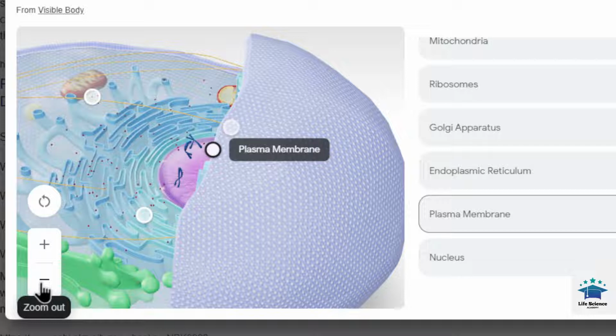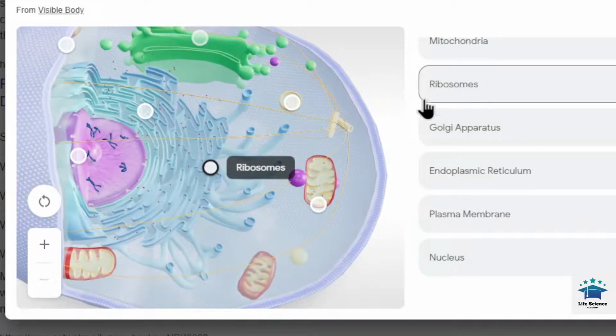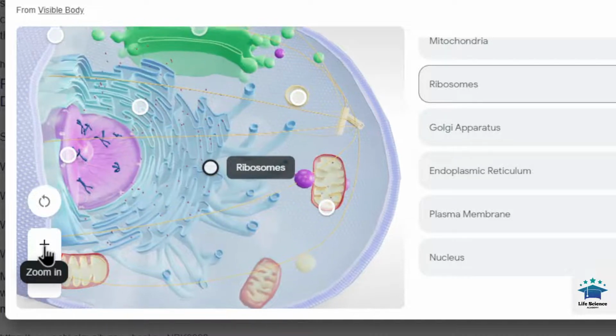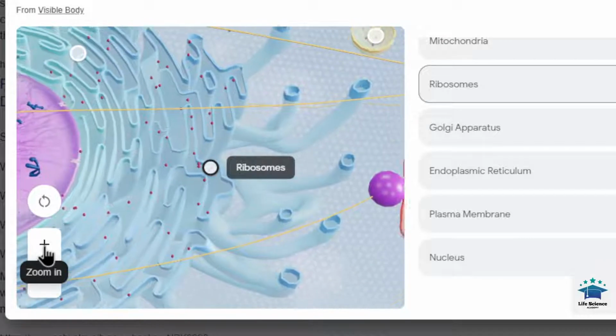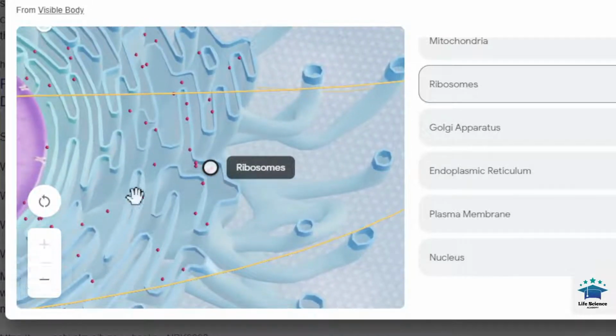After the plasma membrane, you have to know what the ribosome is. This structure is the ribosome, which is present on the endoplasmic reticulum, the rough endoplasmic reticulum. The rough endoplasmic reticulum looks rough because of these pink molecules.